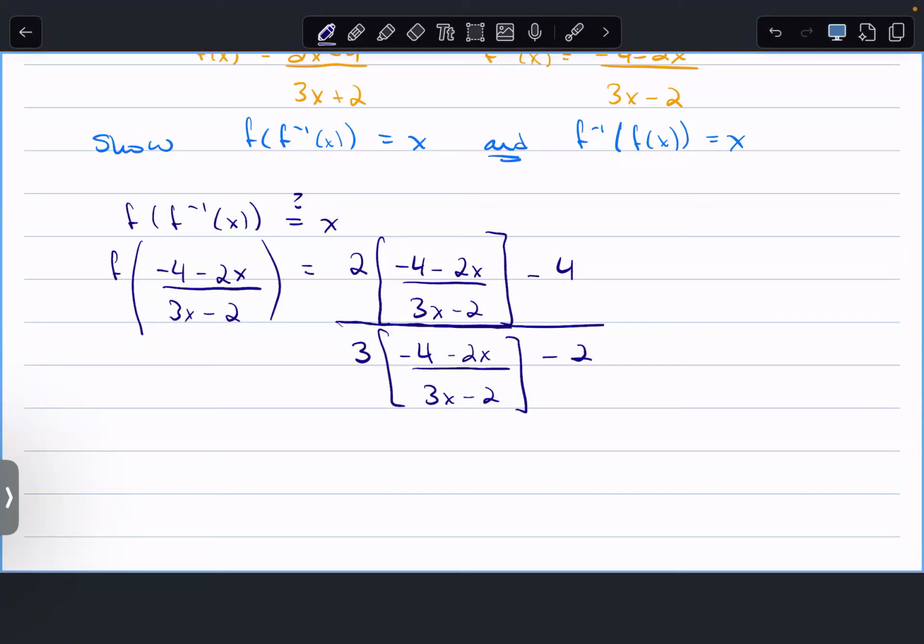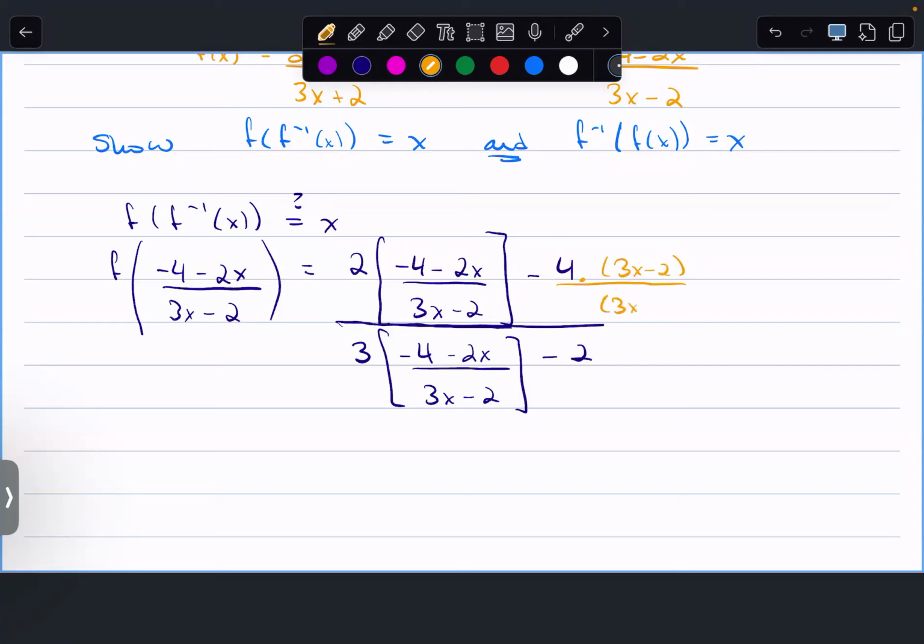In order to simplify the numerator and simplify the denominator, you're going to need a common denominator here, right? And how we're going to do that is we're going to multiply 4 by 3x minus 2 over 3x minus 2. That's multiplying by a convenient value of 1, right?